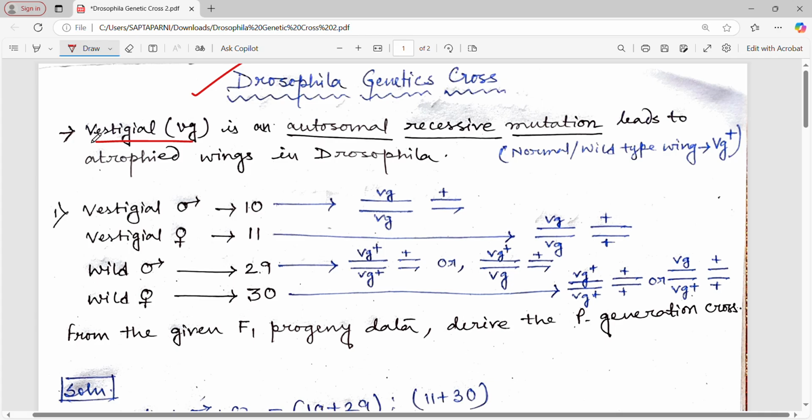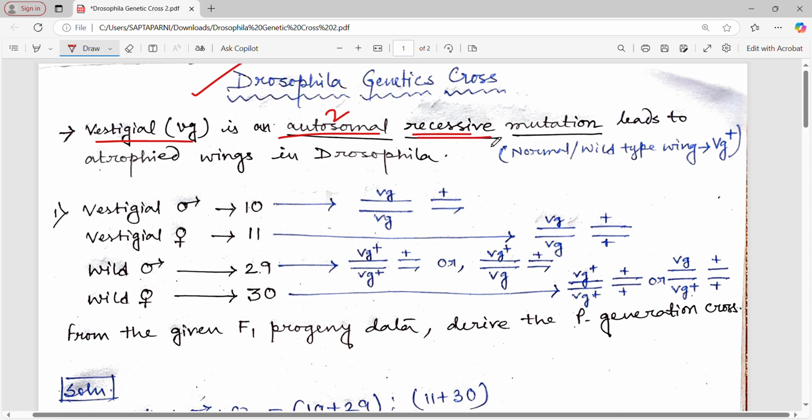First of all we must remember that the vestigial mutation is an autosomal recessive mutation. The gene responsible for vestigial mutation is on the second chromosome of Drosophila, so it is an autosomal gene, and it is recessive in nature.